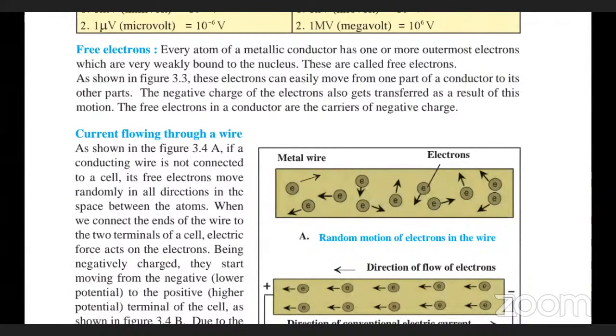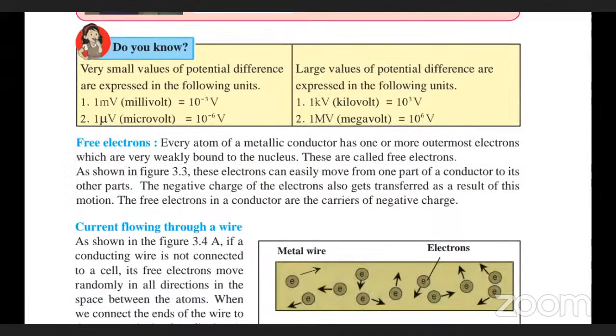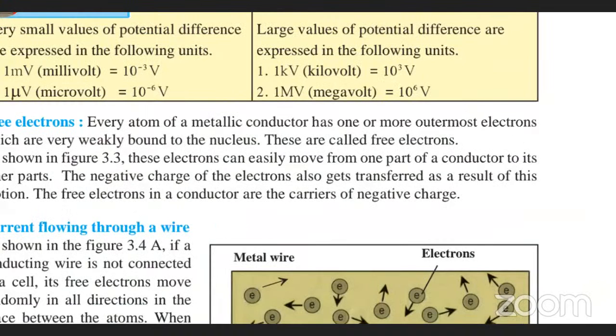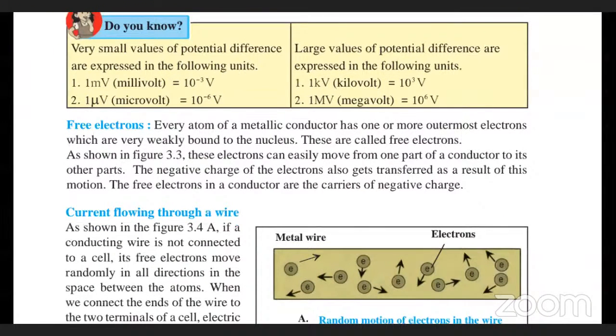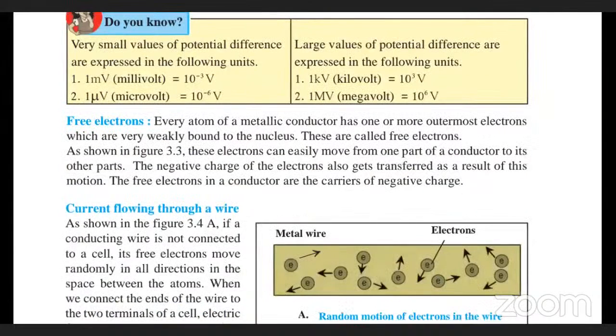And why are they made up of metals? We have discussed this. Can anybody answer now why metals are good conductors?